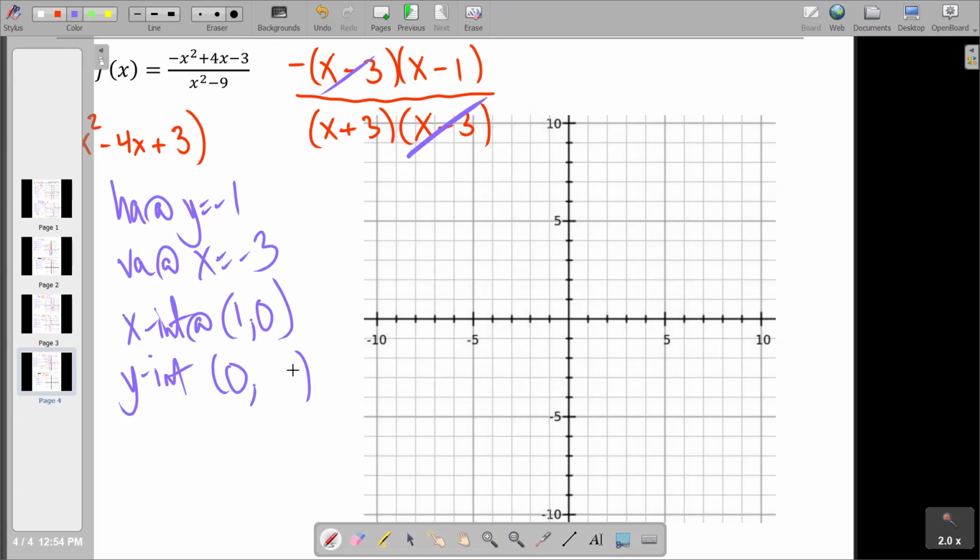Oh no, it's because there's another negative up there. Why would I ever doubt you? And then there's a hole at where? 3. And then if you put in 3, you get 3 minus 1, 2. That's negative 2 over 6, negative 1/3. Good job. You guys just worked ahead and got all the correct.